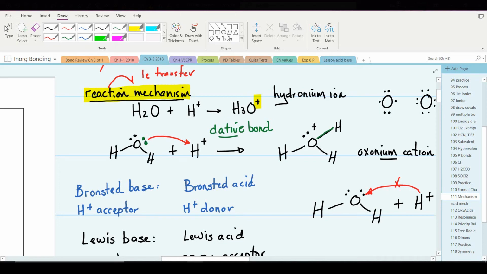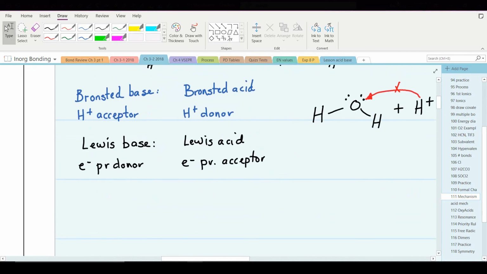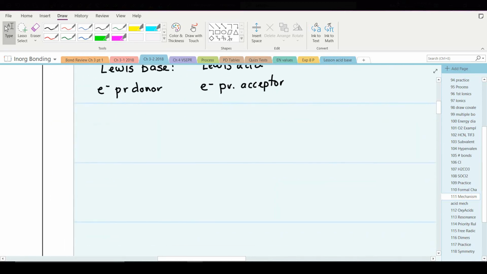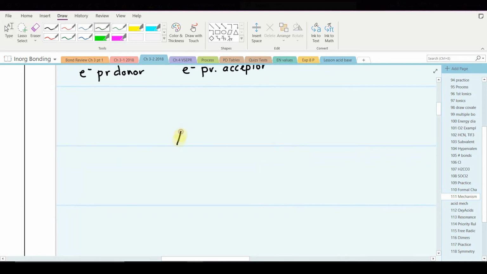Let's try another one. Let's say we take ammonia, and ammonia is a base. When you put it in water, what does it make? What do bases make in water? They make hydroxide ions. So let's draw that. Here's ammonia. We put it in water. If you do that and check the pH of the solution, pH increases. It must be forming a hydroxide ion.